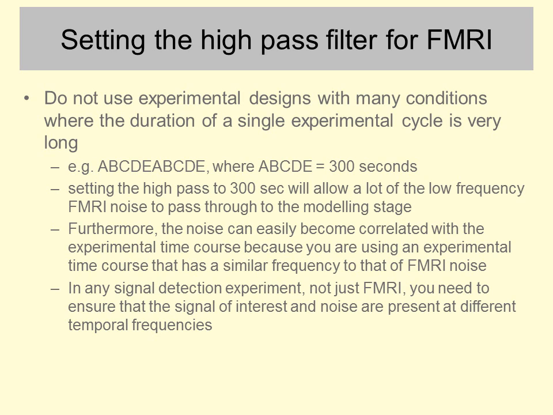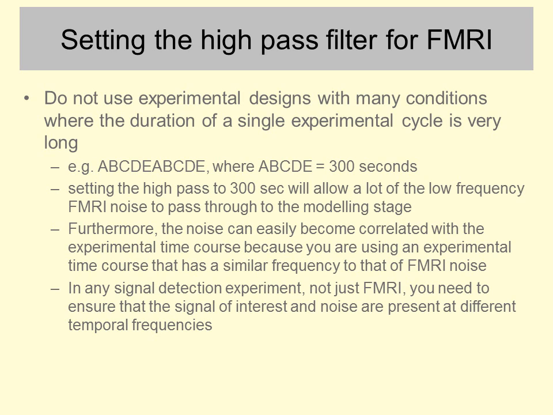So not just in fMRI, but in any signal detection experiment, it's a good general principle to ensure that the signal you're interested in and the noise in the data are present at different temporal frequencies. Now, just a note about subjectivity in setting the high-pass filter.